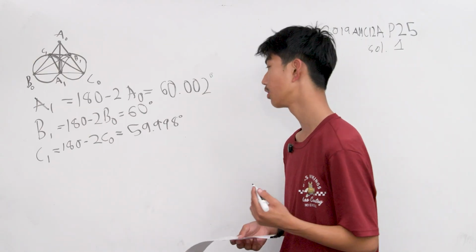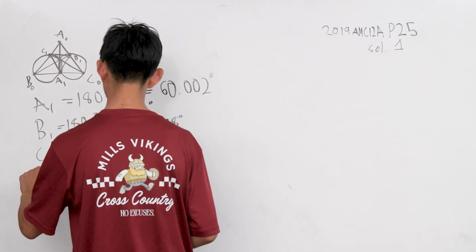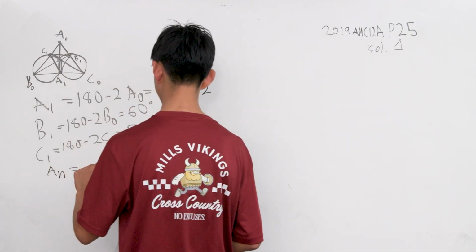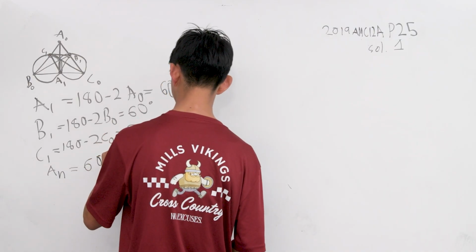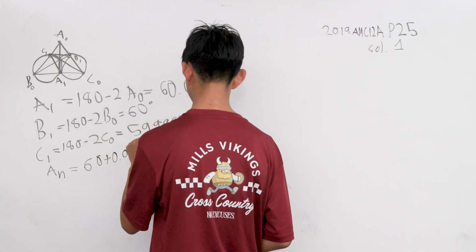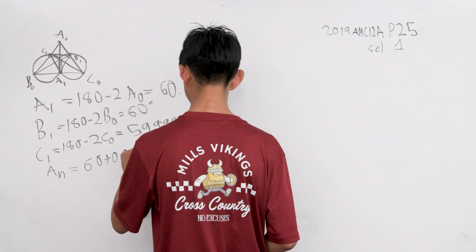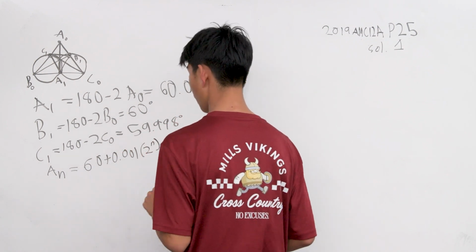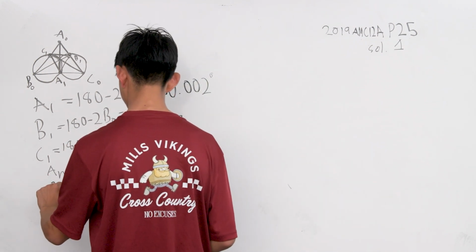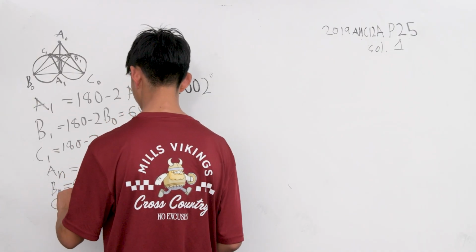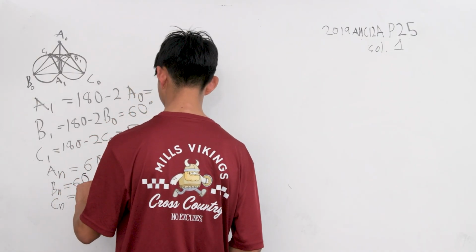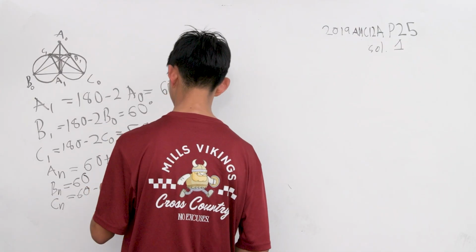What we see in general is that A sub n is equal to 60 plus 0.001 times 2 to the power of n. B sub n is 60, and C sub n is equal to 60 minus 0.001 times 2 to the power of n.